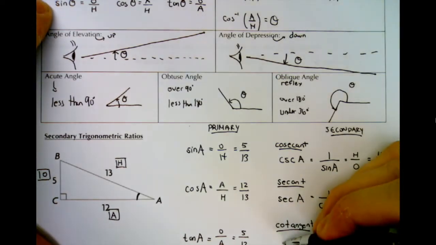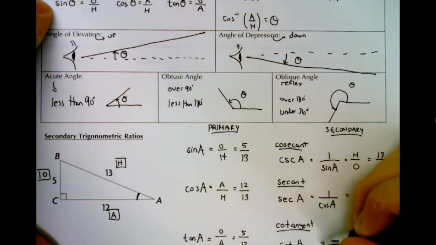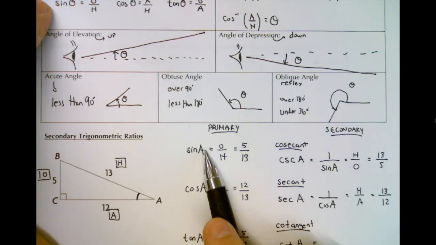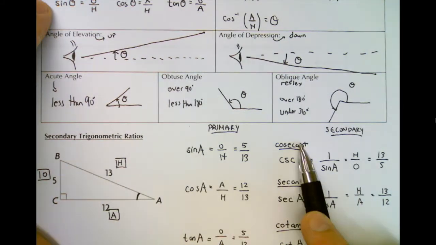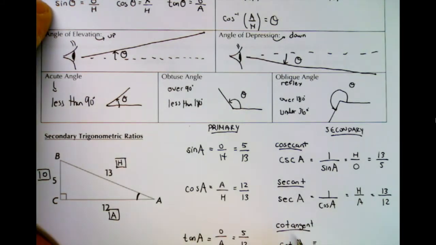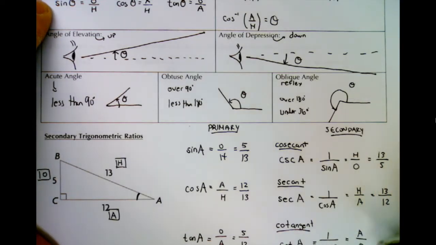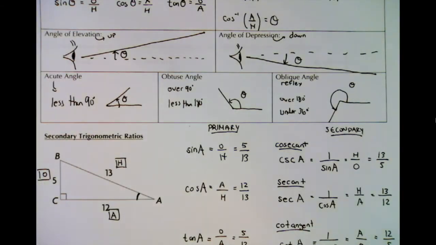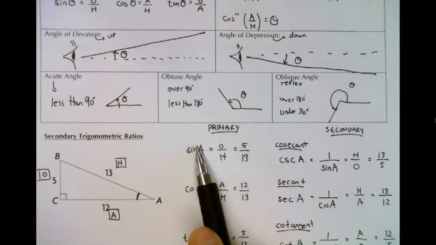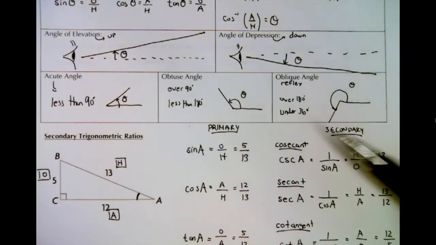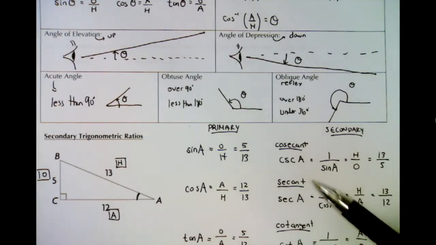Cotan of A. So we got sine and cosine. We got secant and cosecant. We got tan and we got cotan. Neat. Cotan's 1 over tan, which would be A over O, which would be 12 over 5. So now we've got 6 trig ratios. We got sine, cosine, tan, cosecant, secant, and cotan, or cotangent.